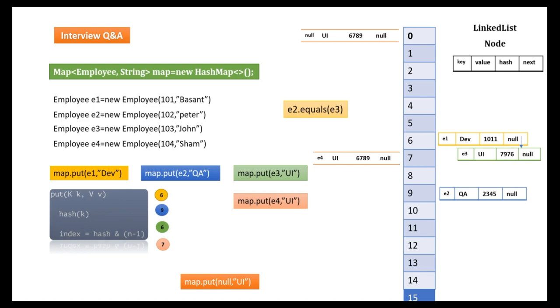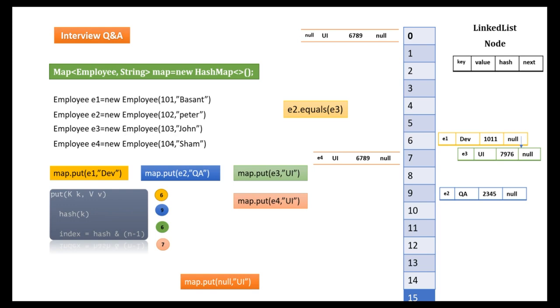Let's say there is a hashing collision in the same bucket and they find 5 nodes, then that linked list will immediately convert to a balanced tree, and then it will maintain the balance between the nodes. I am not very sure about the internal implementation of this balanced tree; you can have a look on Google and you will find it. But at a high level, they implemented something called a balanced tree. Initially it will use a linked list only, but after a certain threshold, it will convert it to the balanced tree.